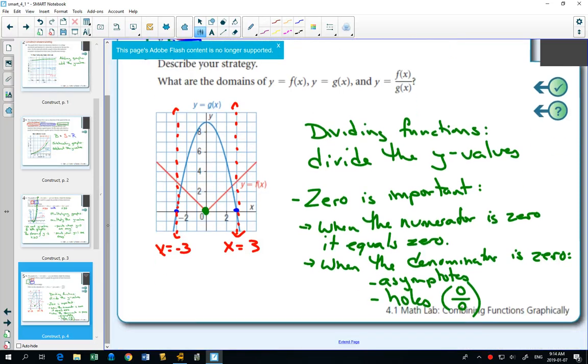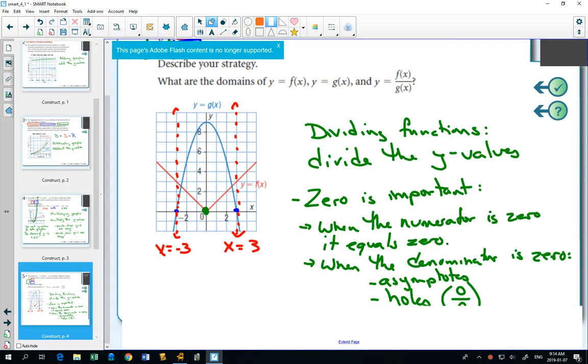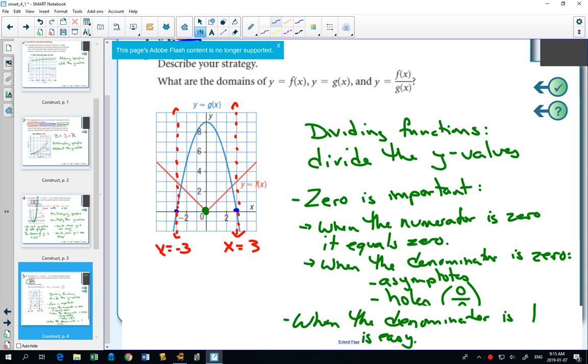So when the denominator is 1, that's easy. So if we can find out, when is my blue graph 1? My blue graph is 1 here, and my blue graph is 1 there.